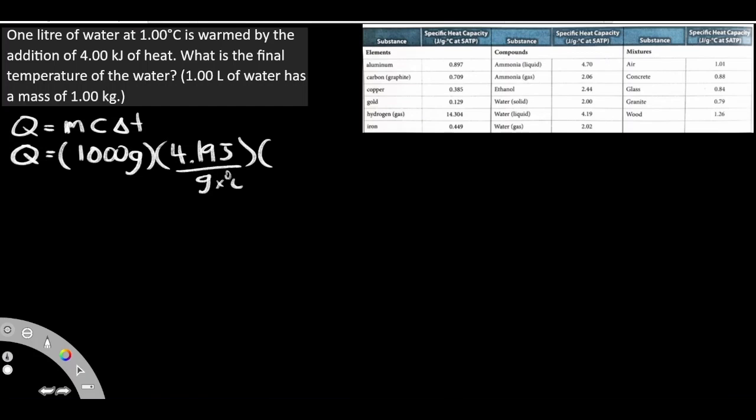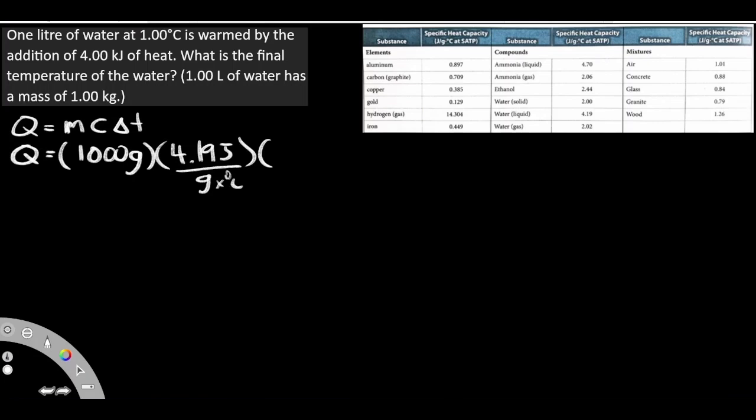In the beginning, in our question, it says that it is at 1 degree Celsius. But we can't put that over here because it is warmed by the addition of heat. So it has to be an increase in temperature from 1 degrees. And if you just look at the next sentence, it says what is the final temperature. So we don't know what the final temperature is. So that's going to be left as unknown for now.